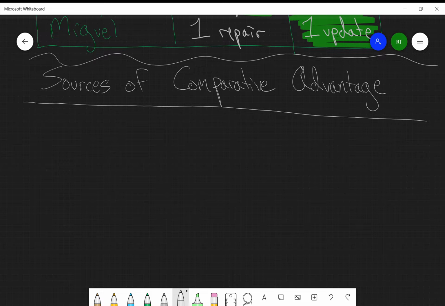So the first source of comparative advantage is just natural raw talent, skills. The second one, if we zoom out, not talking about people but about regions or countries or maybe continents, is natural resources, right?